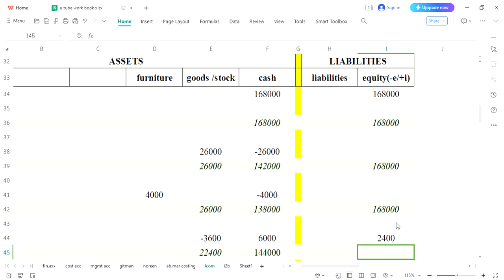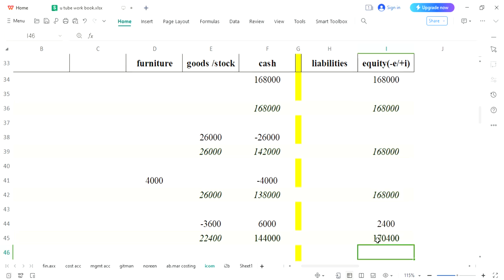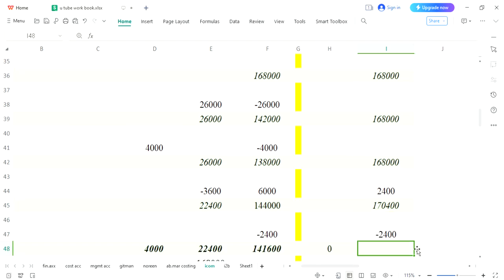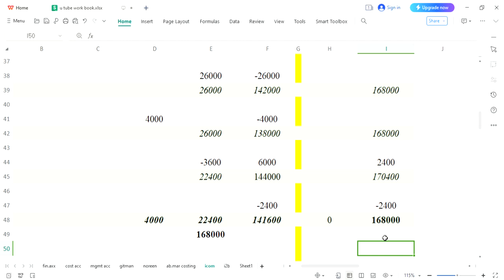Now next, there is plus sign over here. So simply what you will do, 168,000 plus 2,400. You have got your answer. Next, you have minus sign. So what you will do, 170,400 minus 2,400. So we have got 168,000.